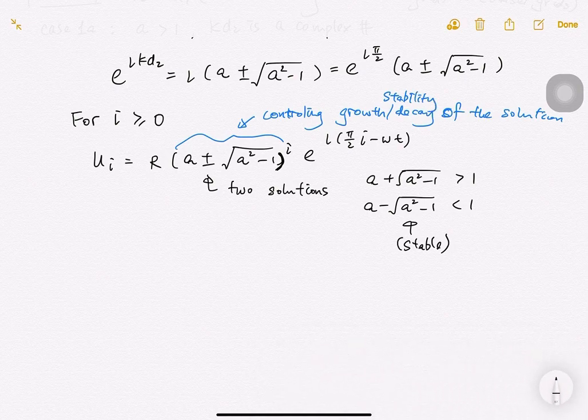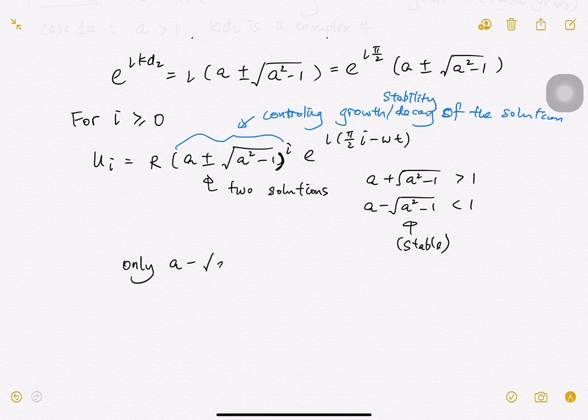Okay, and then only a minus a squared plus 1 root is accepted, since a is larger than 1.